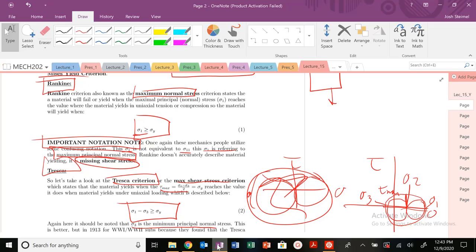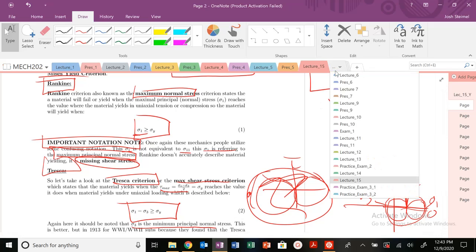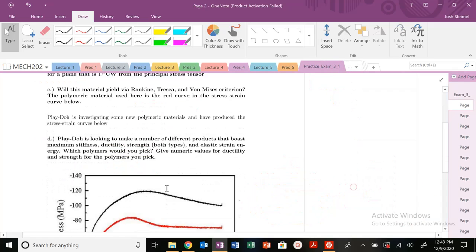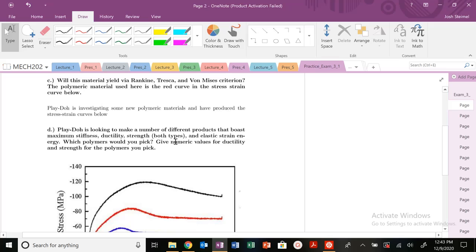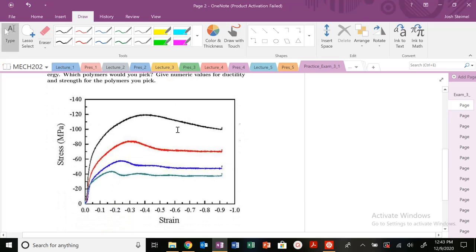So let's look first at our problem statement. It's saying that our polymer material is the red curve here. So I'm going to say that material starts to yield probably somewhere around, so our yield stress is going to be minus 30 MPa. So let's go ahead and quantify this.